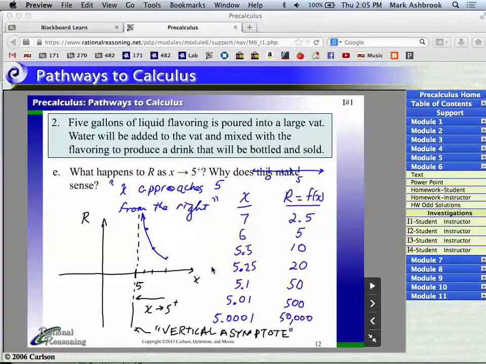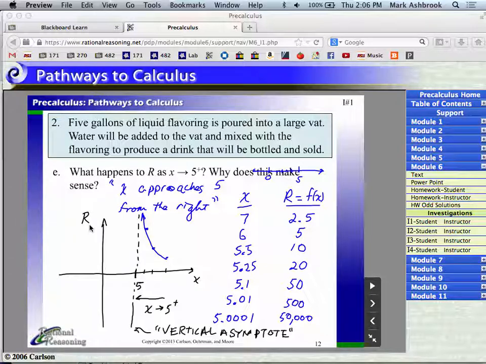Can I say one more time the meaning of R? The output of the function is how many times more flavoring we have than water. It's the ratio of flavoring to water. For instance, when you have 6 gallons total, that means 1 gallon of water and 5 gallons of flavoring, so you have 5 times as much flavoring as water. Does that make sense?